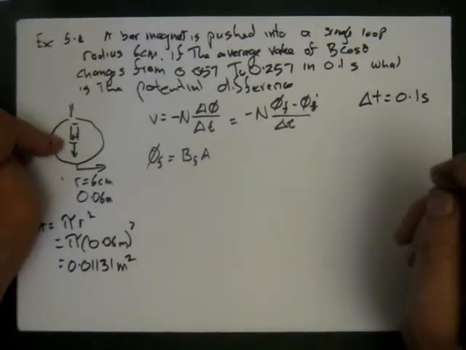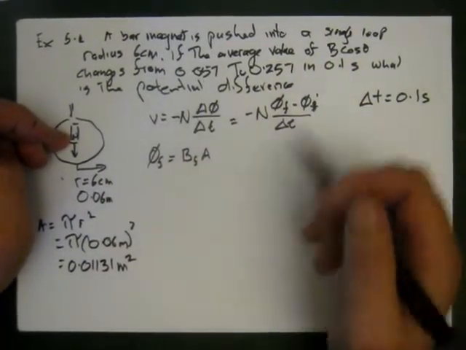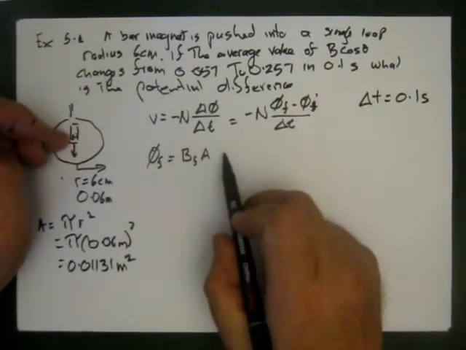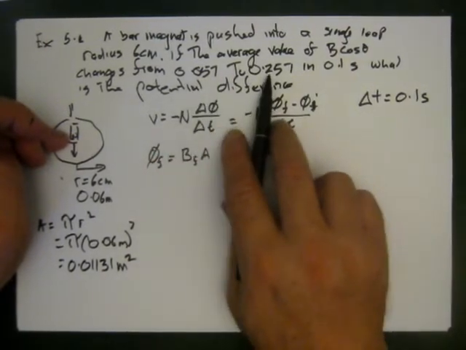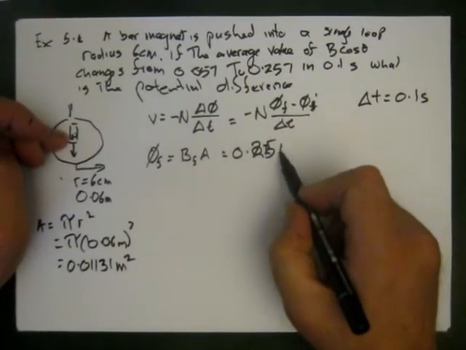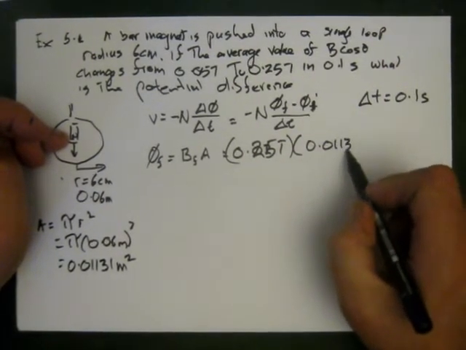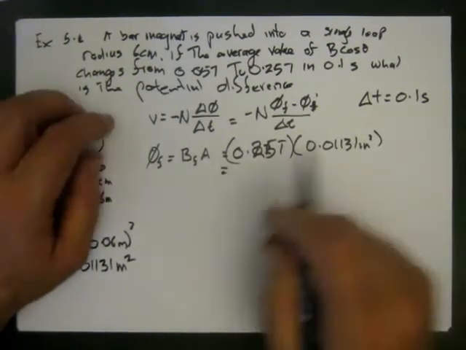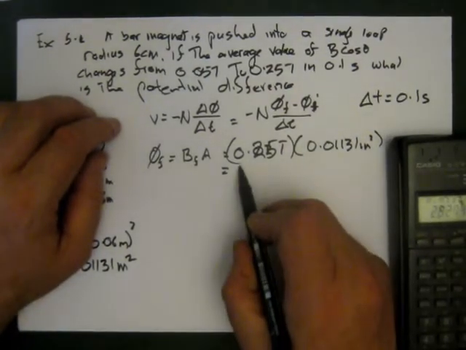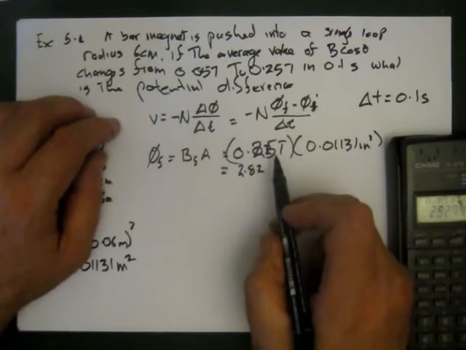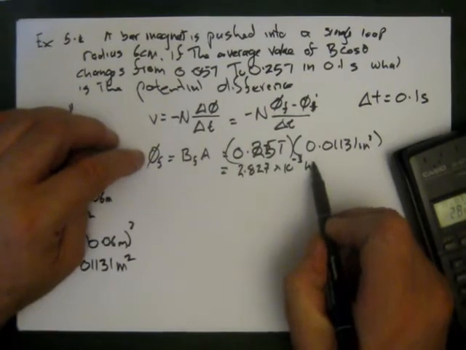That's cool. So we have this change in magnetic field because the magnet is coming in. So B final is equal to 0.25 Tesla times the area, which is 0.01131 meters squared, equals 2.827 times 10 to the negative 3 Webers.